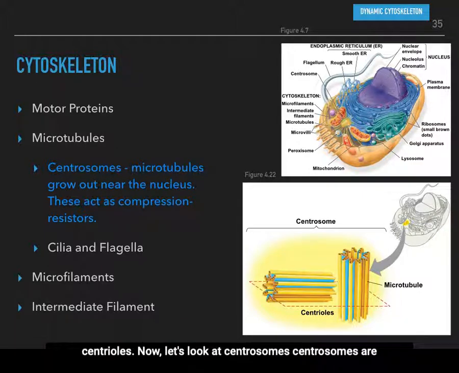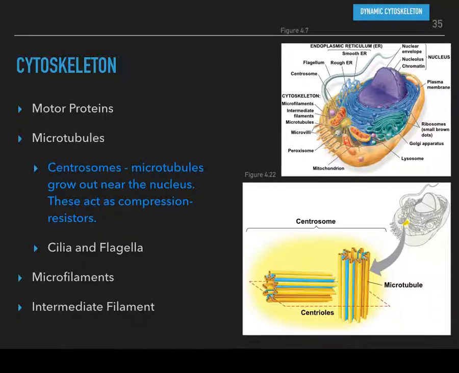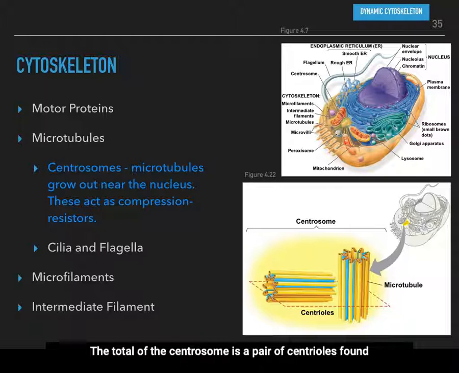Now let's look at centrosomes. Centrosomes are a type of microtubules used by the cell. They grow near the nucleus and act as compression resistors that enable the cell to maintain its integrity and shape. The centrosome contains a pair of centrioles, which is shown in the image on the bottom right.